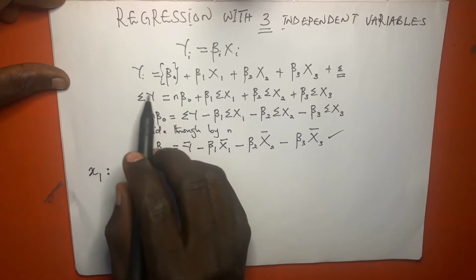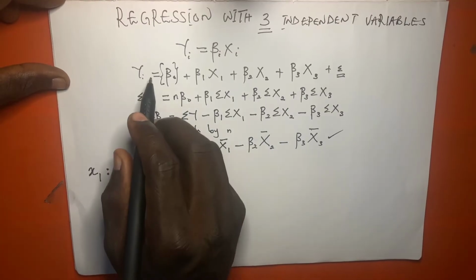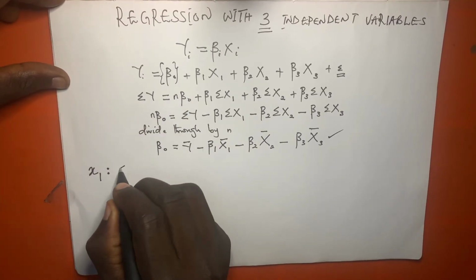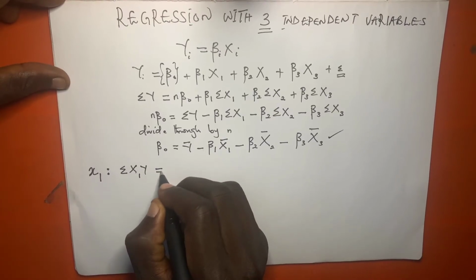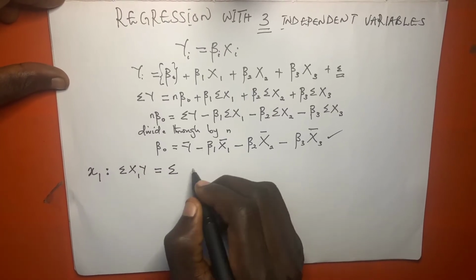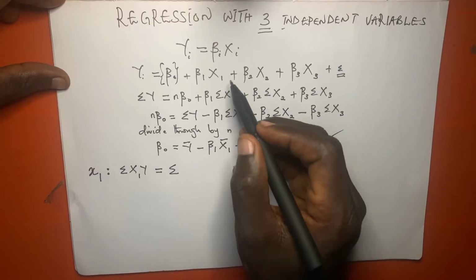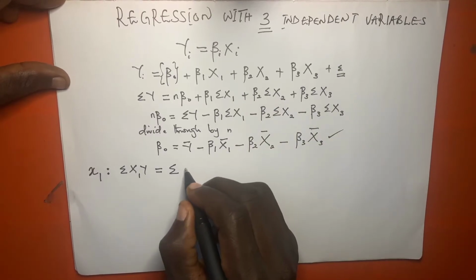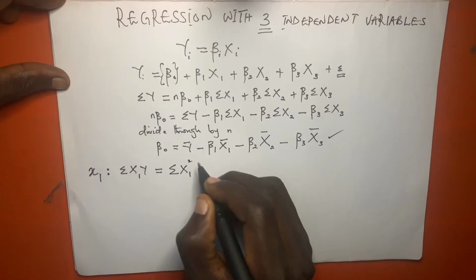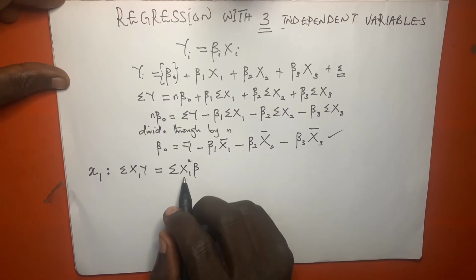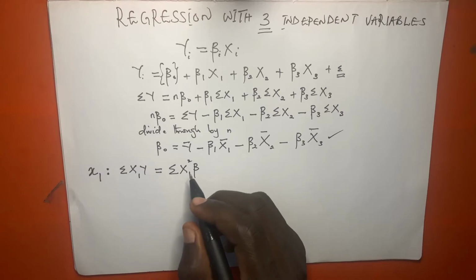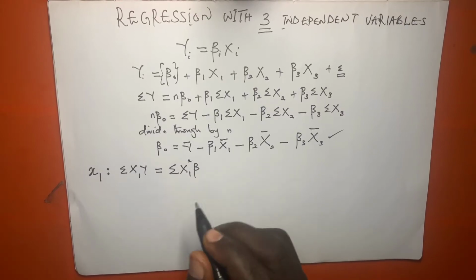So we have summation x1 multiplied by y, which gives us summation x1y, equals summation x1 square beta 1. Although I can write it as beta 1 summation x1 square, let me put it that way so that all of these can come out easily.